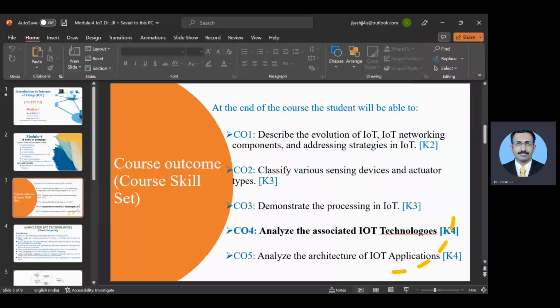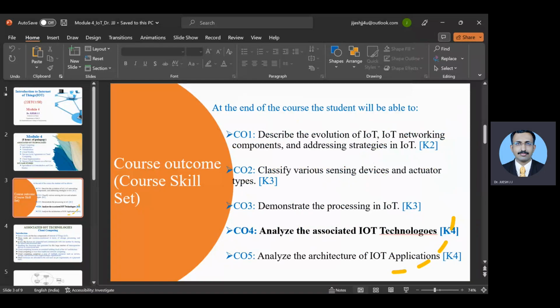What are the technologies associated with IoT, like cloud computing and different processes, how they are going to be implemented when you are implementing an IoT application, and how these technologies are going to support you. We will be going more into the design process and implementation of the technological applications. All these things we will be discussing in module 4.